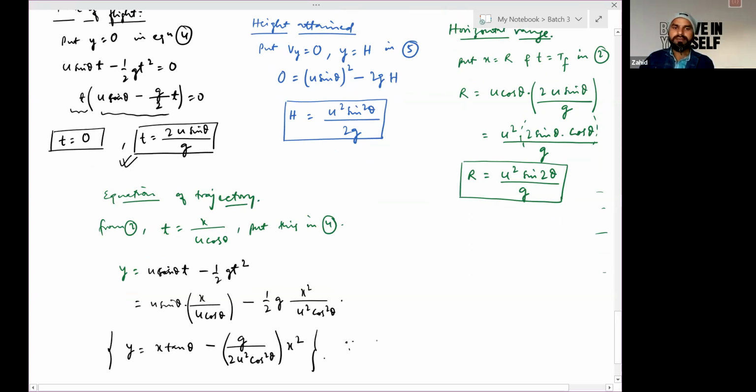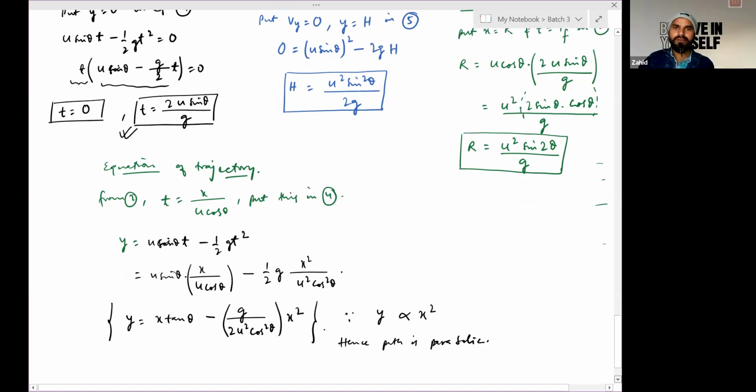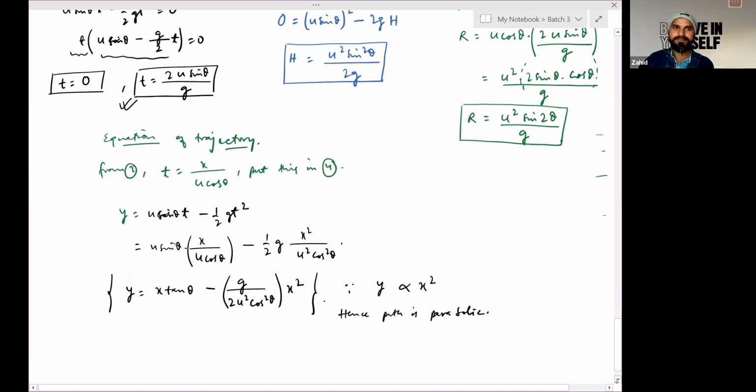Since y is directly proportional to x squared, the highest power, which is nothing but the equation of a parabola, you'll say the path is parabolic in nature. Okay, just write it down. I'm giving you problems related to this.